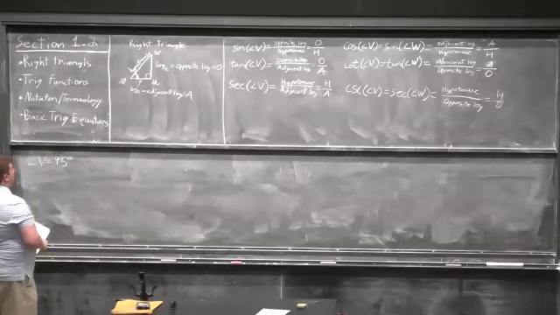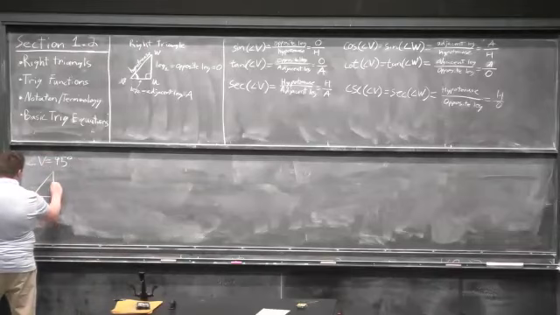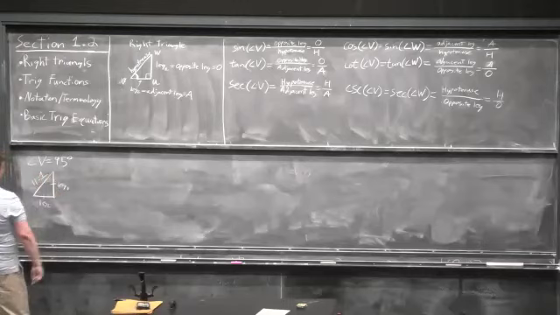So we have this triangle with equivalent legs, and a hypotenuse, h, I'm going to say is equal to 1.